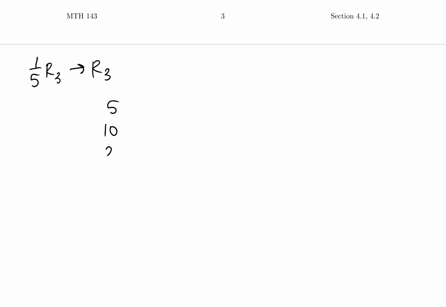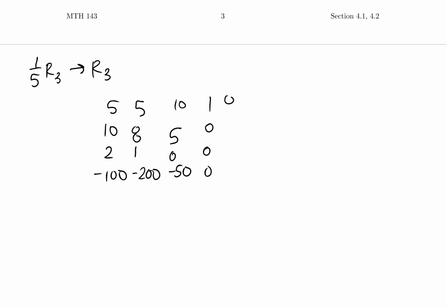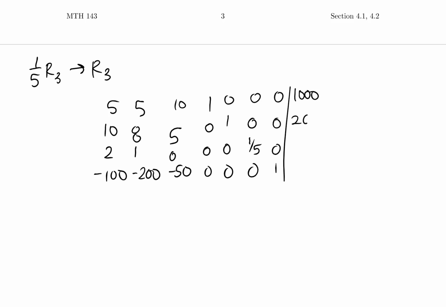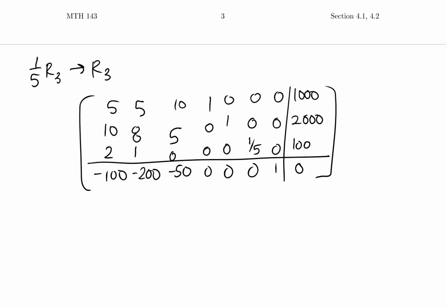We should have a 5, 10, 2, negative 100, 5, 8, 1, negative 200, 10, 5, 0, negative 50, 1, 0, 0, 0, 0, 1, 0, 0, 0, 0, 1/5, 0, 0, 0, 0, 1, and then at the constants, this would be 1,000, 2,000, 100, and 0.